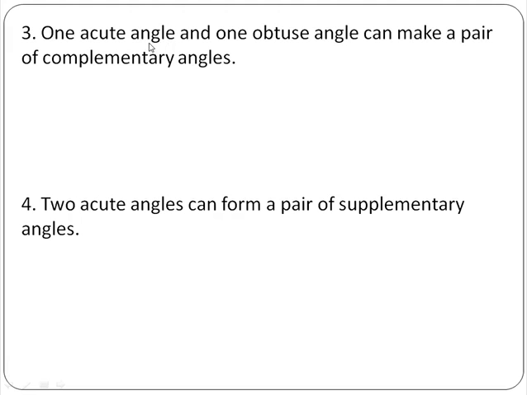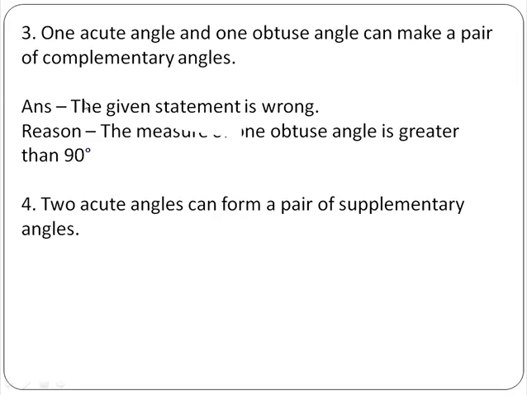Here, if you add one acute and one obtuse angle, will you get a pair of complementary angles? No. Reason? Because the measure of an obtuse angle is greater than 90 degrees, and for a pair of complementary angles, we need the sum as 90 degrees. So, the given statement is wrong because the measure of one obtuse angle is greater than 90 degrees.